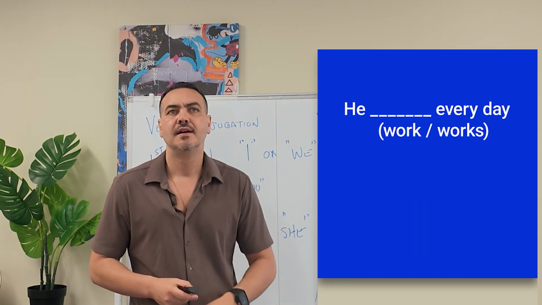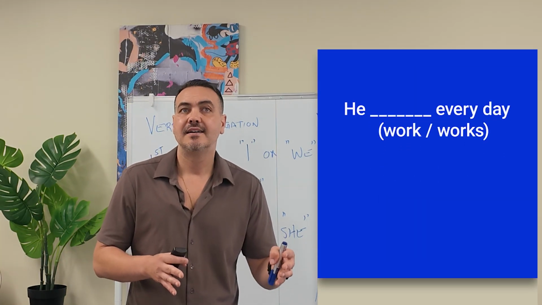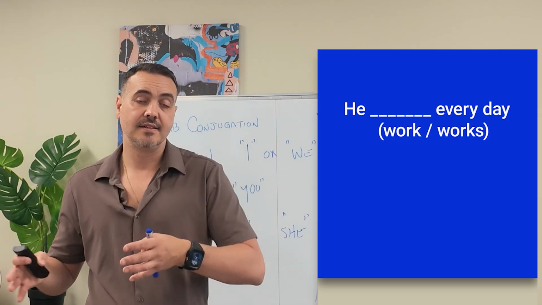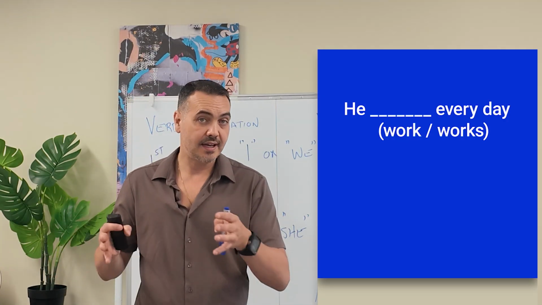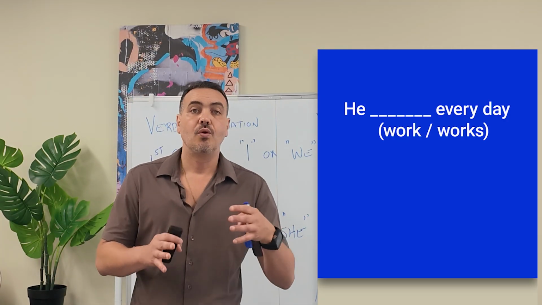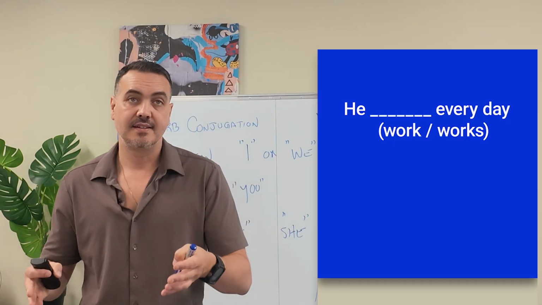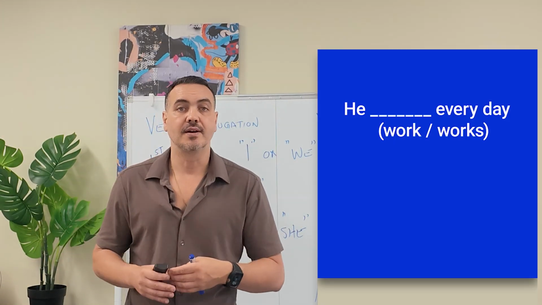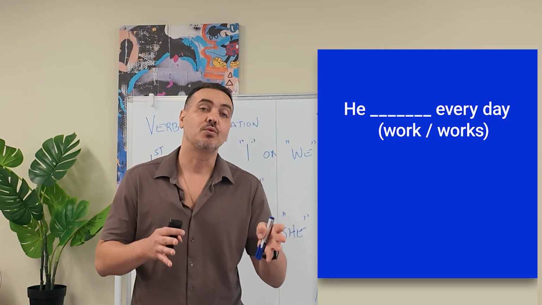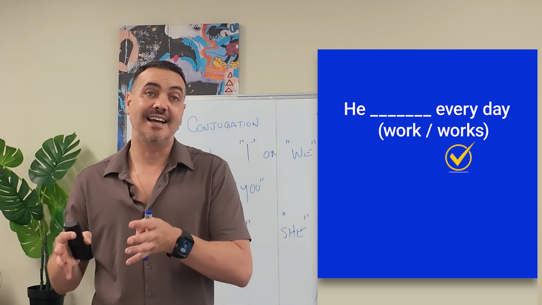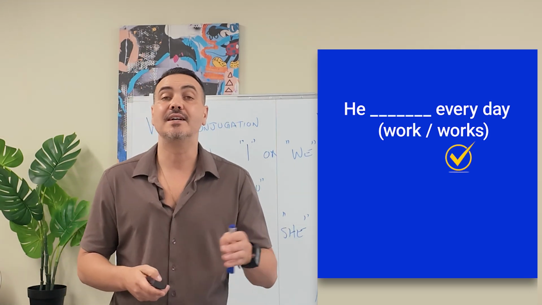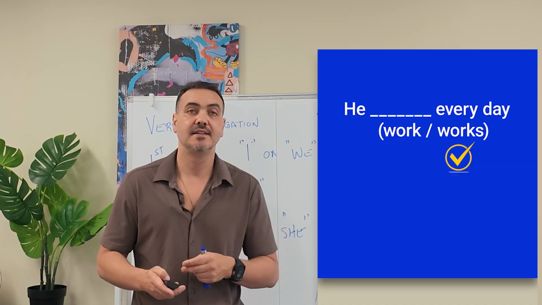Okay? He, every day. He work every day or he works every day. Okay? Because it's he, we're going to put that S at the end. Okay? He works every day.